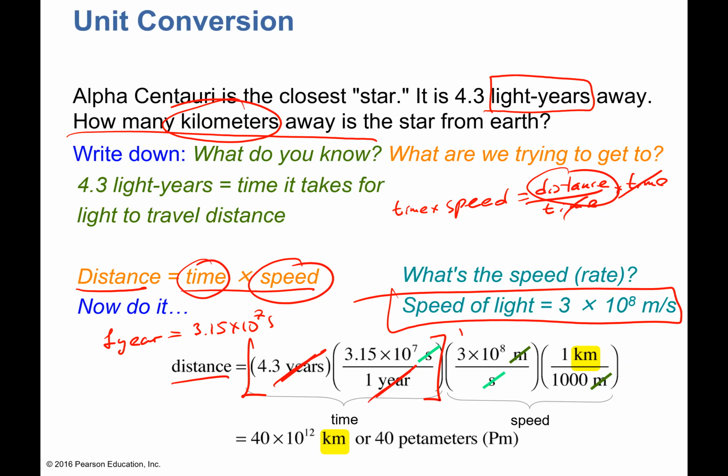That means we take this speed and convert it to kilometers per second. When you put everything together and multiply, you can see years cancel, seconds cancel, meters cancel, and the only unit surviving is kilometers. Then you multiply everything together and you get this number, 40 times 10 to the 12 kilometers, and that's 40 petameters, so Pm.